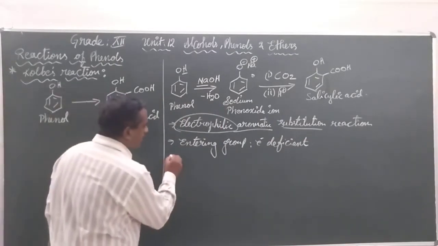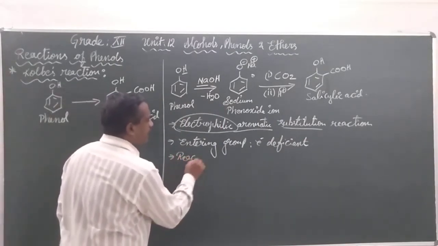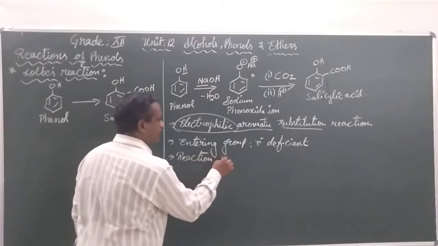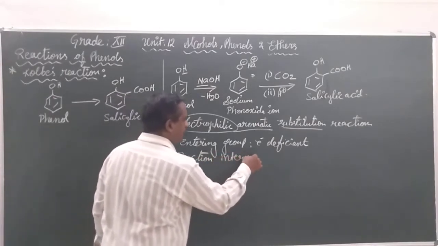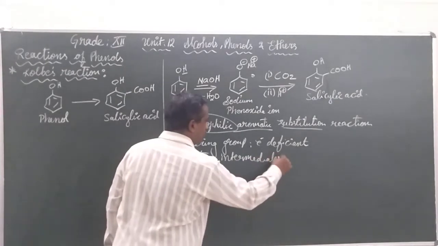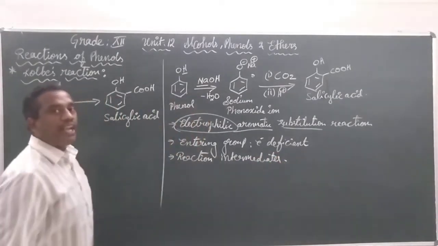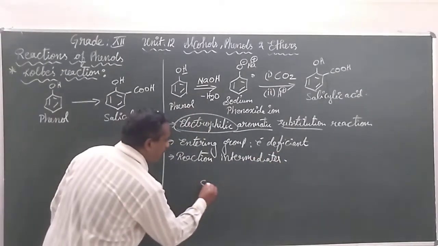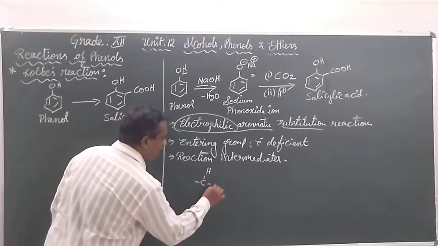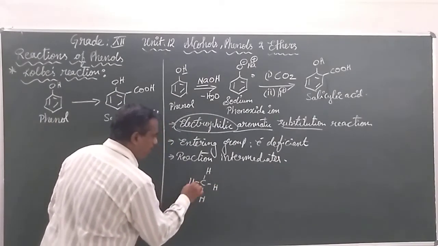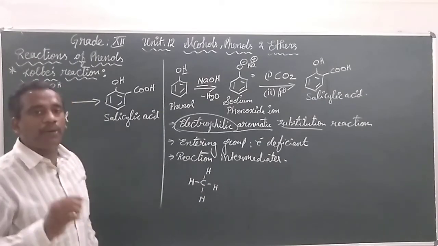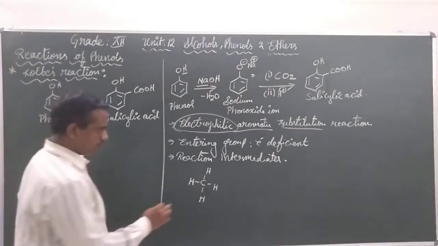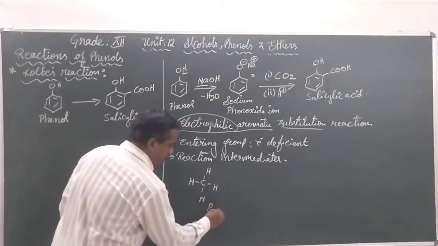We had learned in the first year, reaction intermediates. In them, we have discussed that carbon will generally have 4 bonds around it. 4 bonds means how many electrons? 8 electrons.